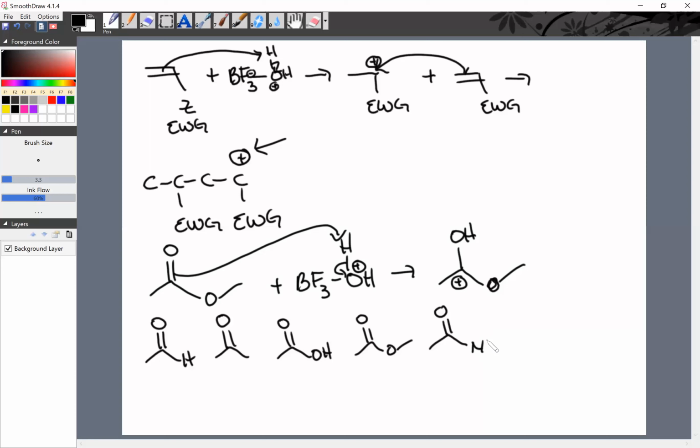Then we'd have amides. Then we'd have acid halides. And then we'd have anhydrides. Now, this type of substitution reaction is actually coming up in a future chapter, but let's just do a brief review of what we know.